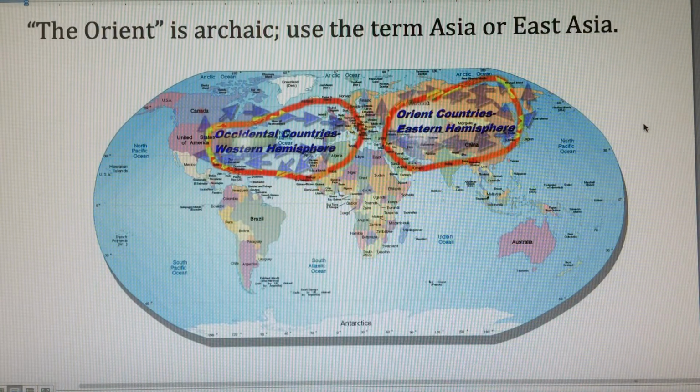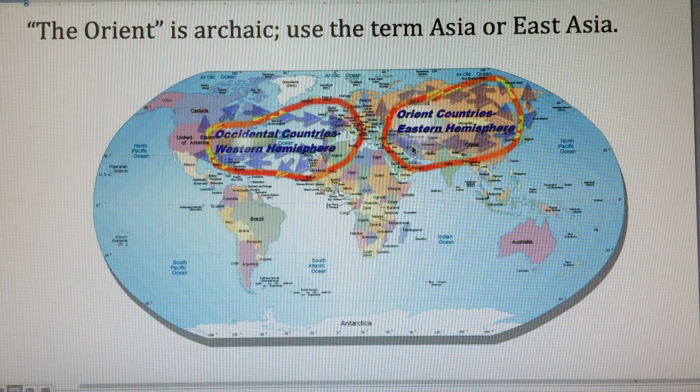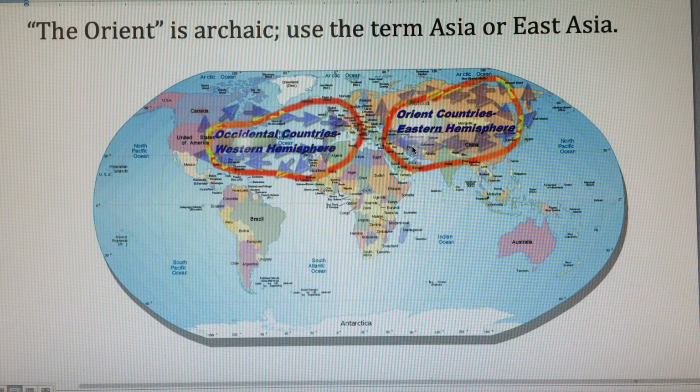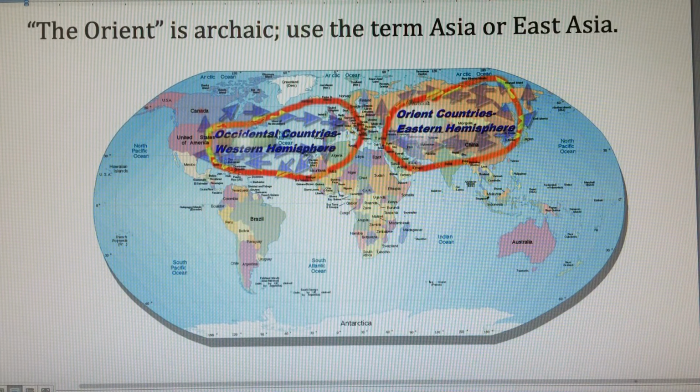But for visual, you can see that it generally referred to the Eastern Hemisphere, countries in the Eastern Hemisphere in Asia. There was another term that used to be used to refer to the Western European and the United States, Occidental countries. Again, that term is not used so much anymore.